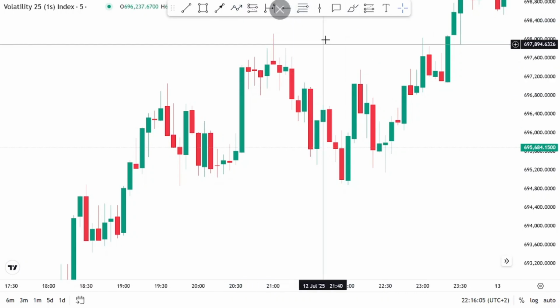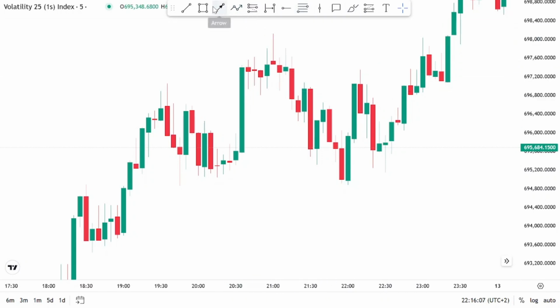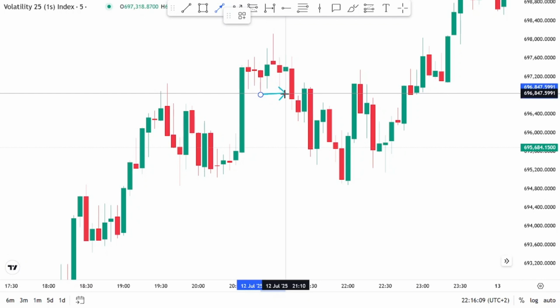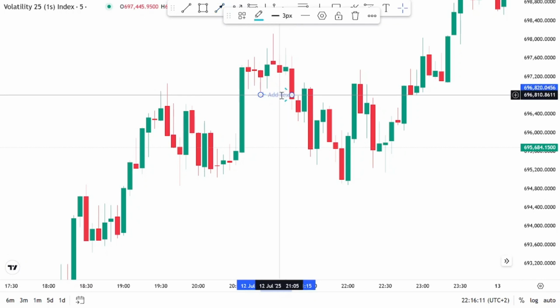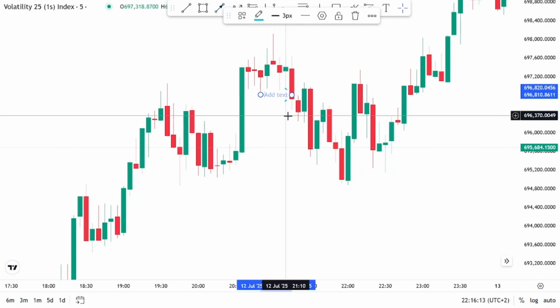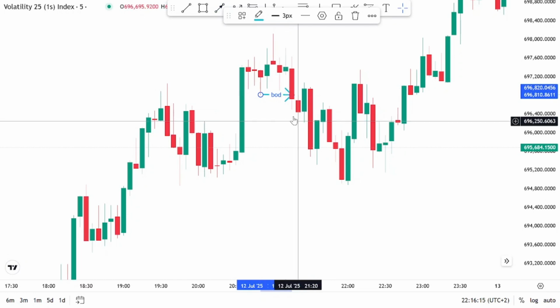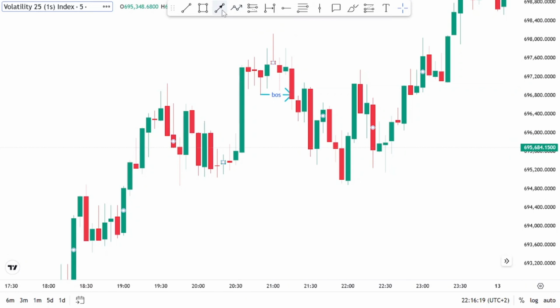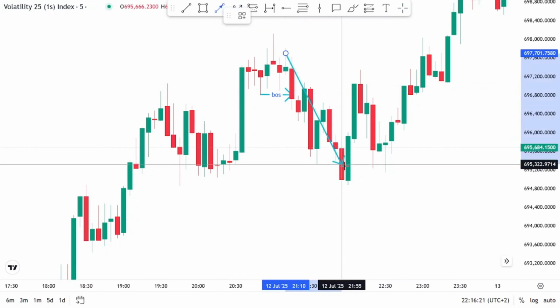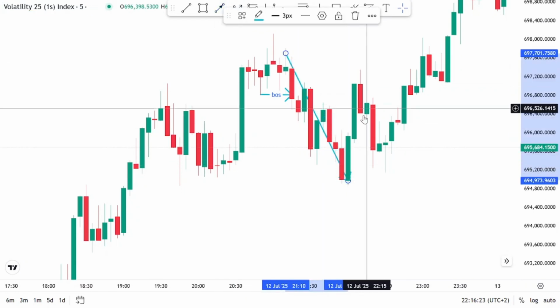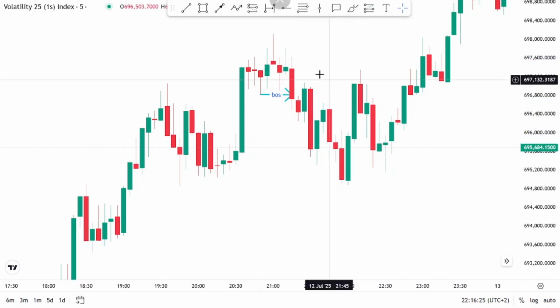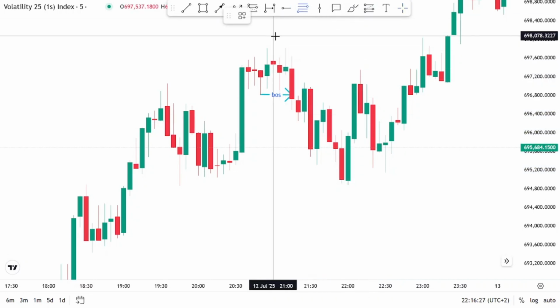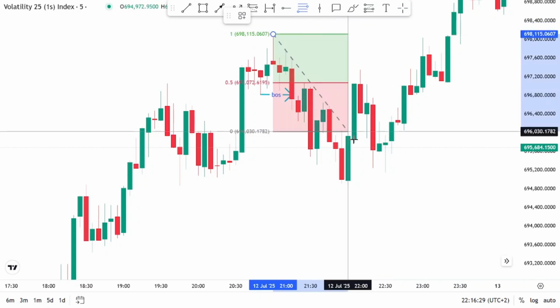Actually, we do have a breakout structure because price broke this low. So price broke the structure and then we're looking for selling at a premium level.